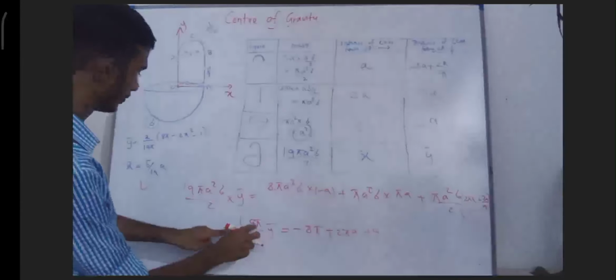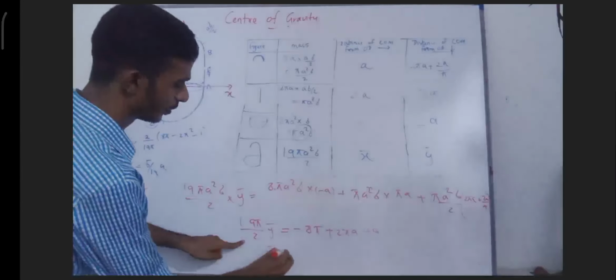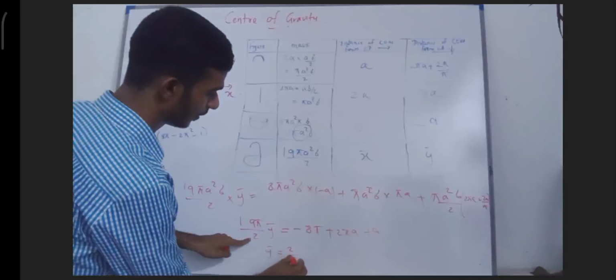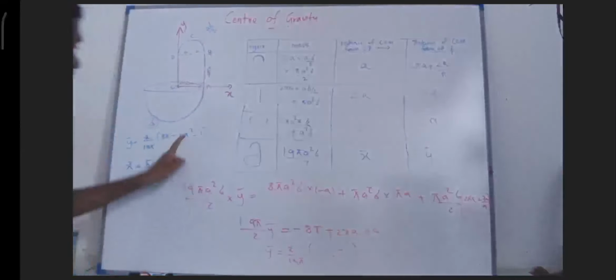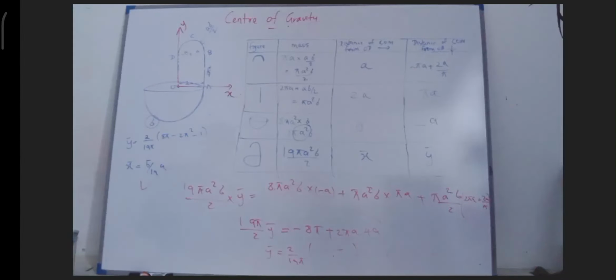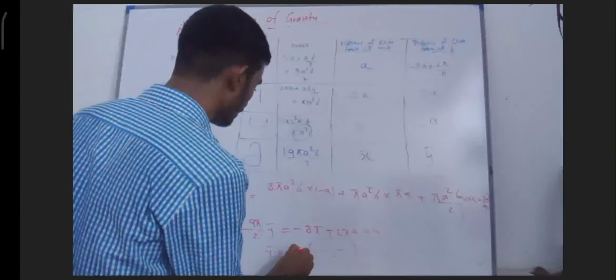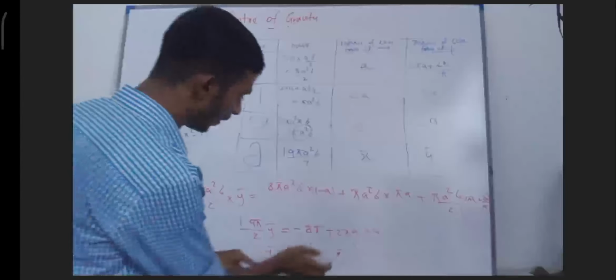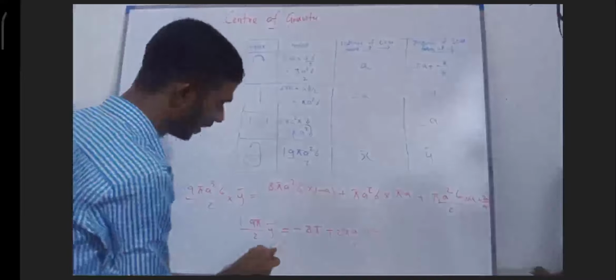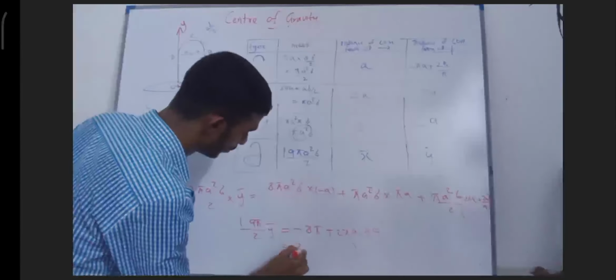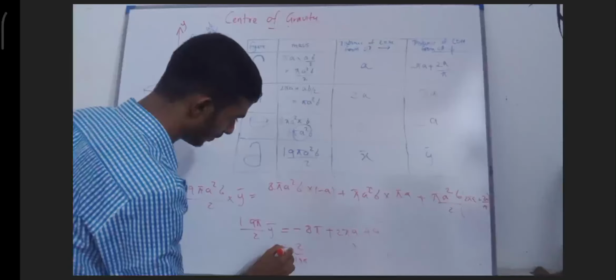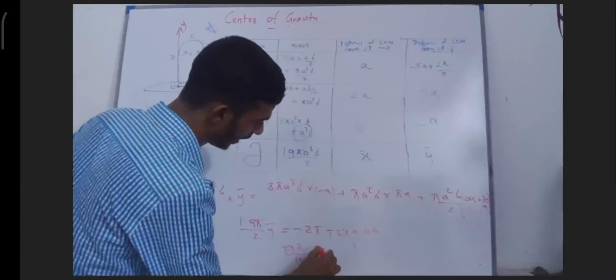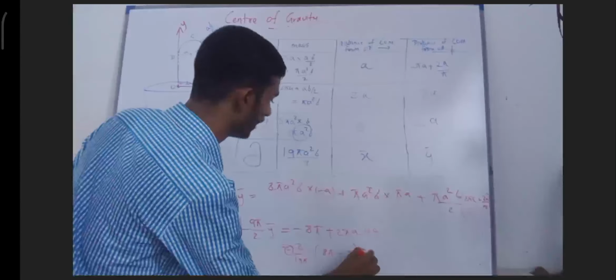Now after that I have to obtain y bar. I bring this 2 and 19 pi over, so I have obtained this answer, and I have to take a outside. So y bar is 2 over 19 pi into a times minus (8 pi minus 2 pi minus 1).